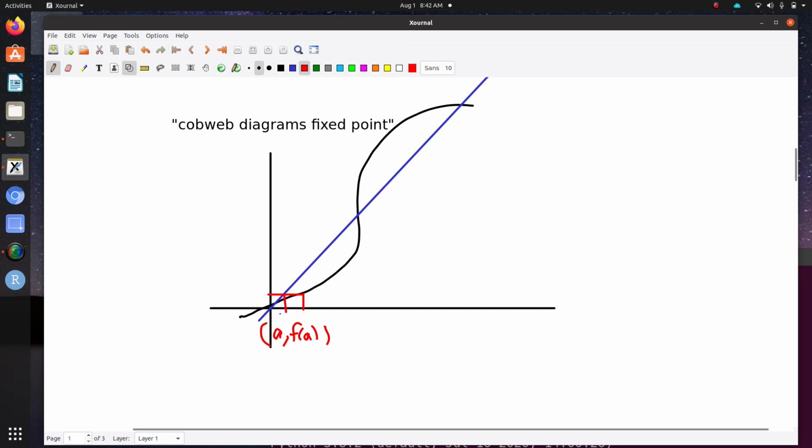So you're going to come over here. See what just happened? We went from this point to actually this point. We're moving inwards towards our root. And it doesn't look very cobwebby, I understand, but some pictures look more cobwebby than others. But in this case, we have what's called a contraction mapping.